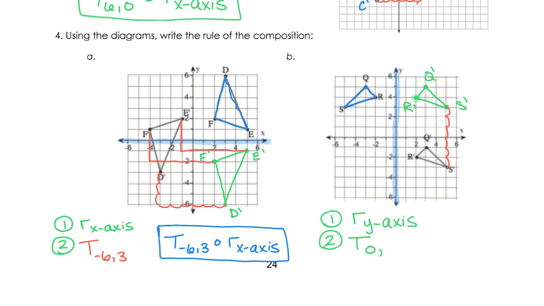And down 6 would be a -6. All right. And you could check each point, but they're all going to be the same. And so we're going to go ahead and say that we're going to do a translation of 0, -6 following a reflection over the y-axis. And there's our composition.